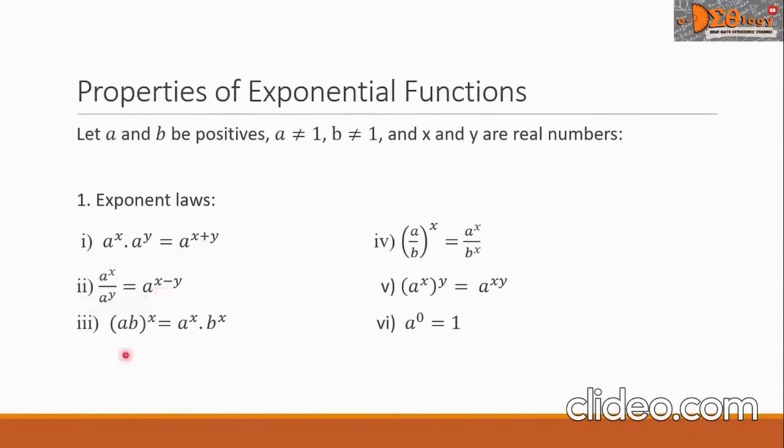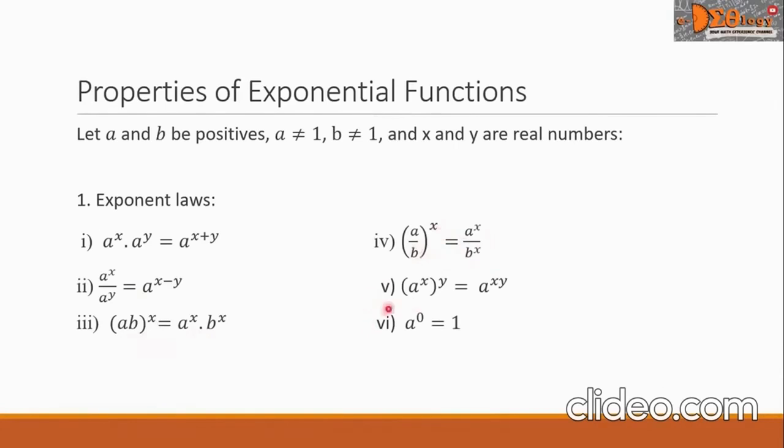Law number 3, ab raised to x is equal to a raised to x times b raised to x. Law number 4, when we have a quotient raised to x, this is equal to a raised to x over b raised to x.